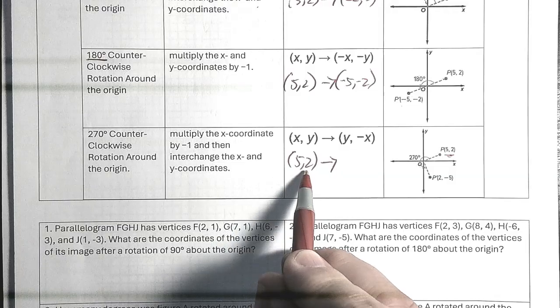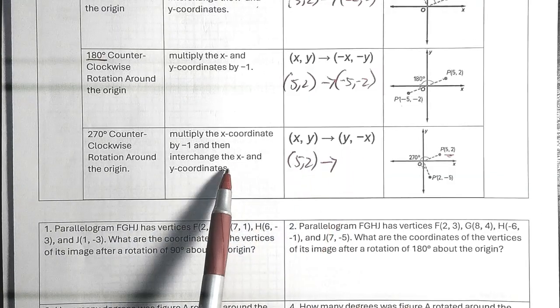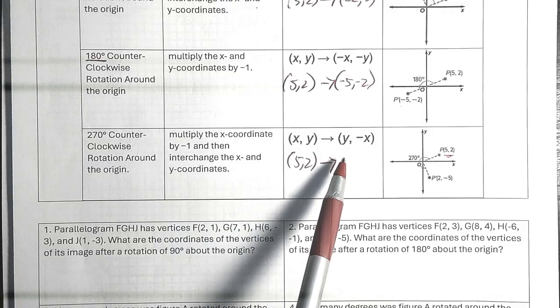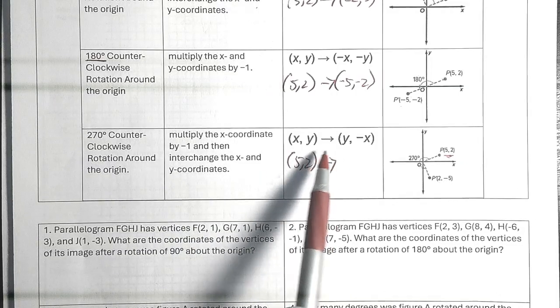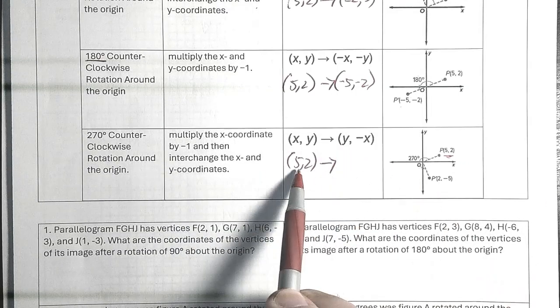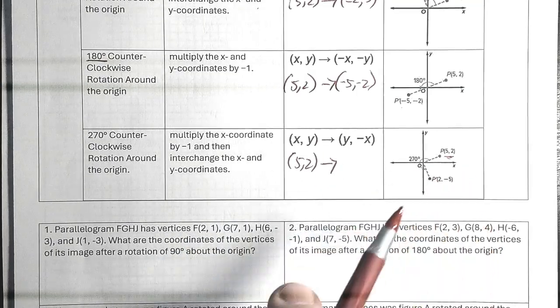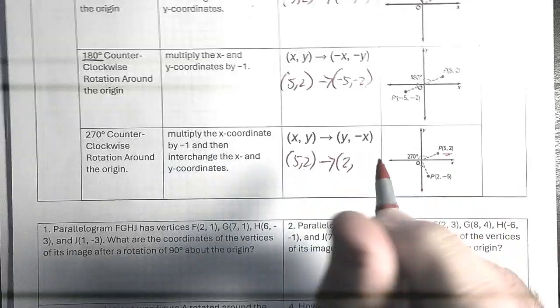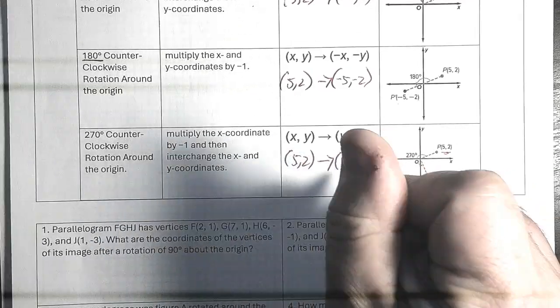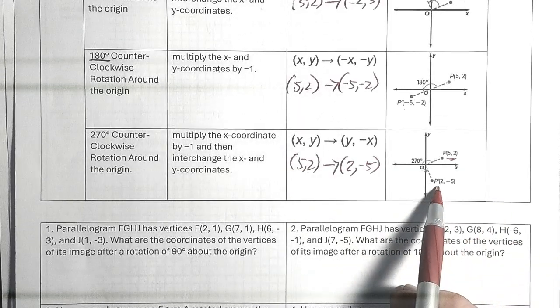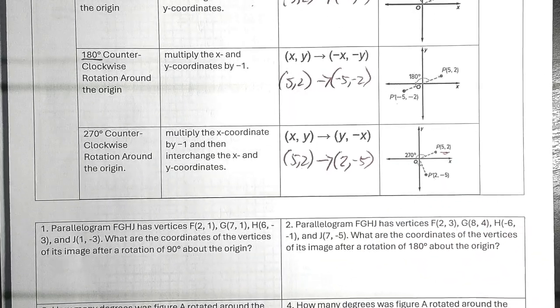The x gets multiplied by -1, and you interchange x and y, or flip-flop them. So x comma y becomes y comma -x. So 5 comma 2, without looking over here, I'm sure you guys were already seeing it: 2, your y, is up front, and 5 becomes -5 in the back. And there you go. So 2 comma -5. All right.